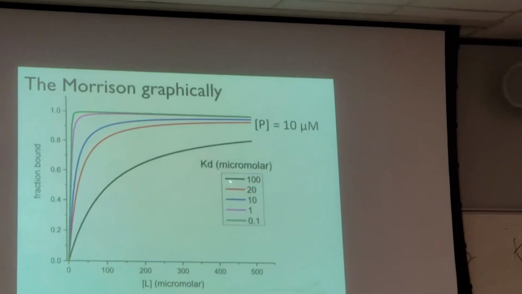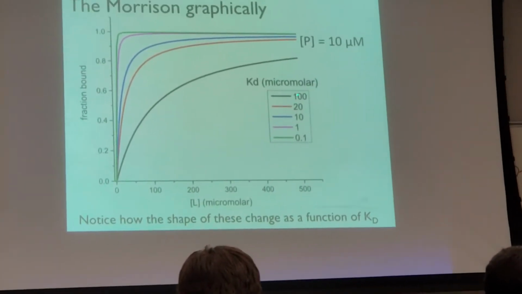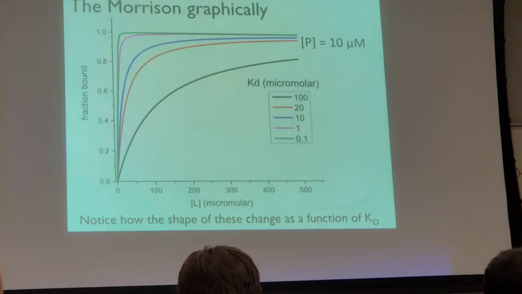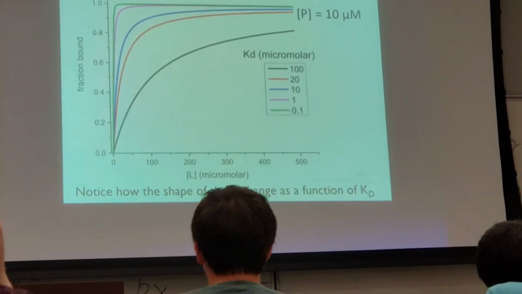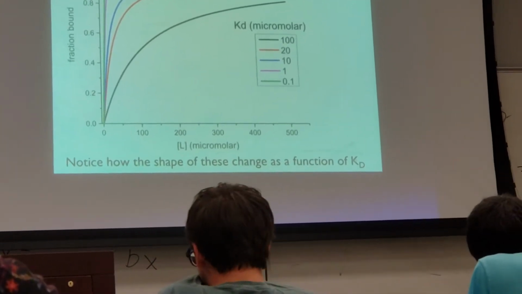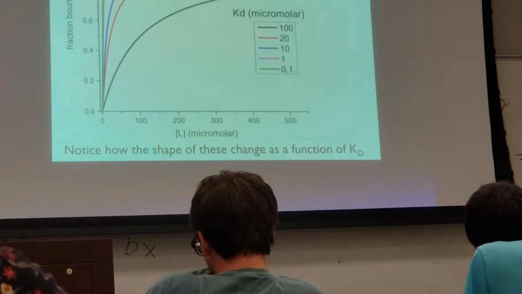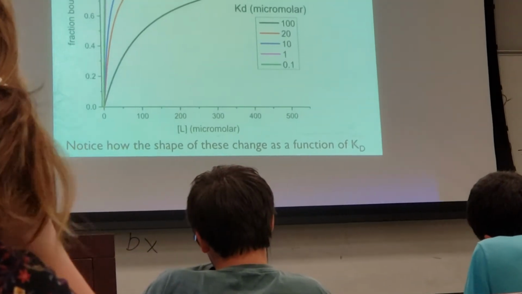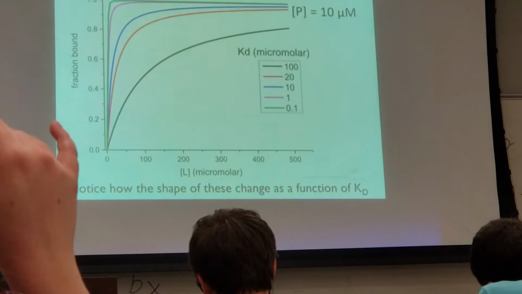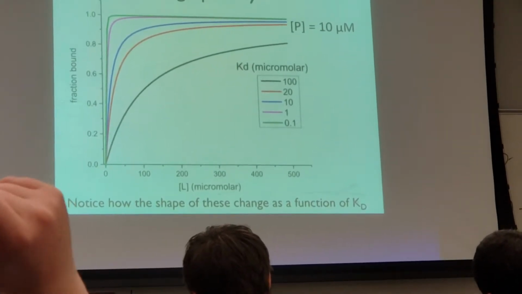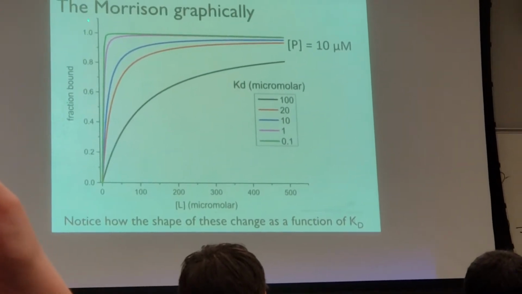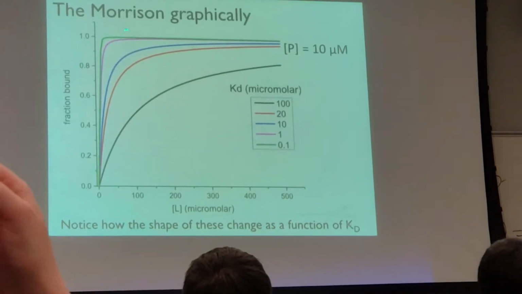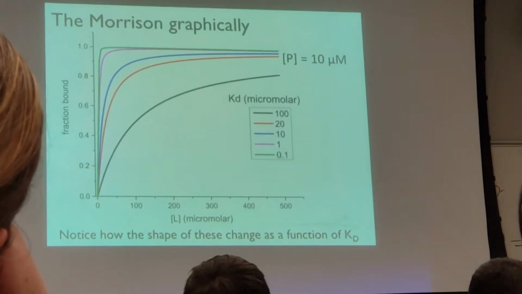Now, I'm going to change the dissociation constant from 100 micromolar to 0.1 micromolar. So what do you see for the shapes? As the dissociation constant gets better and better, what do you see for the shapes of the plot? They kind of have a funny shape. Look at the green and pink one versus the black one.